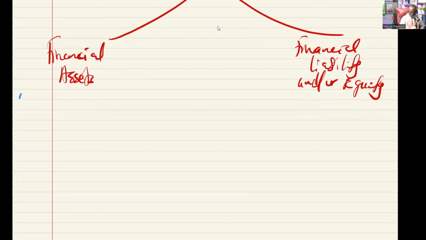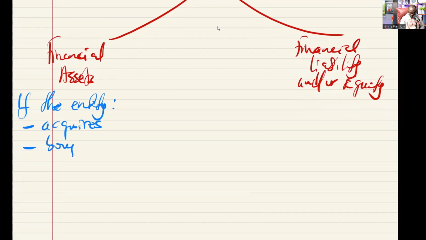So we recognize financial assets if the entity acquires. In the question we are told that the entity acquires, or the entity bought, or the entity purchases, or the entity invests.